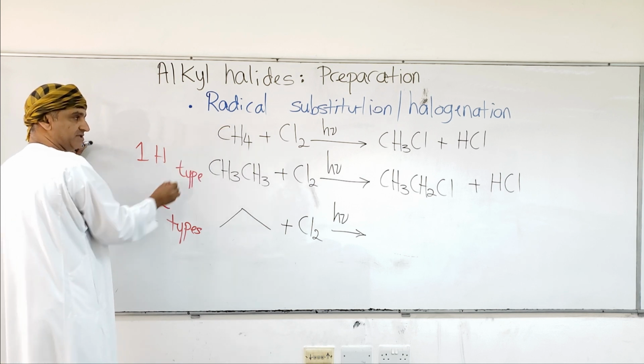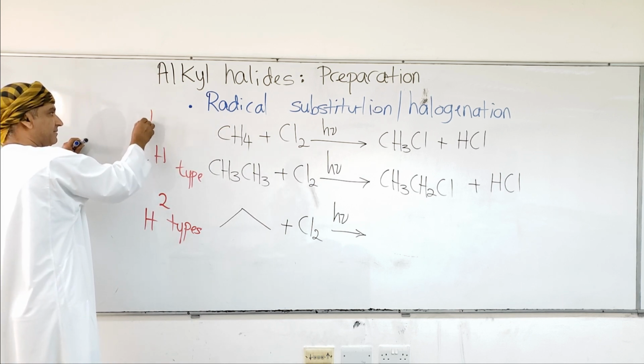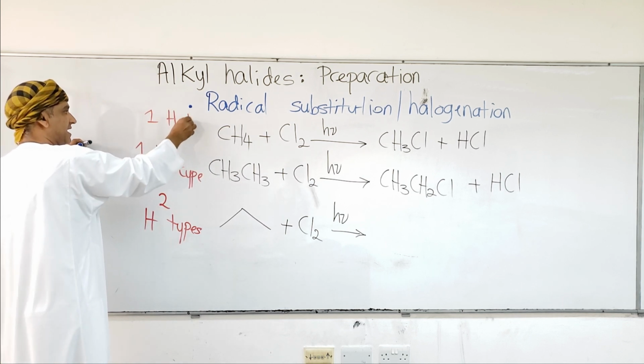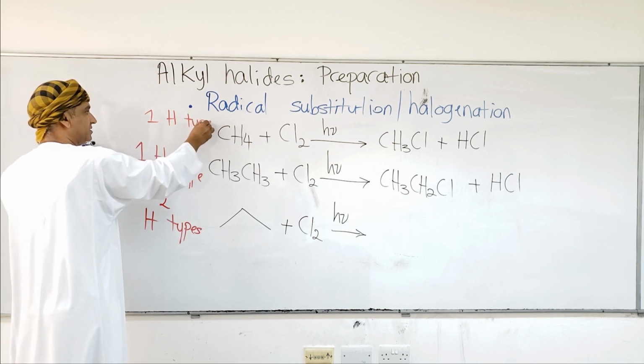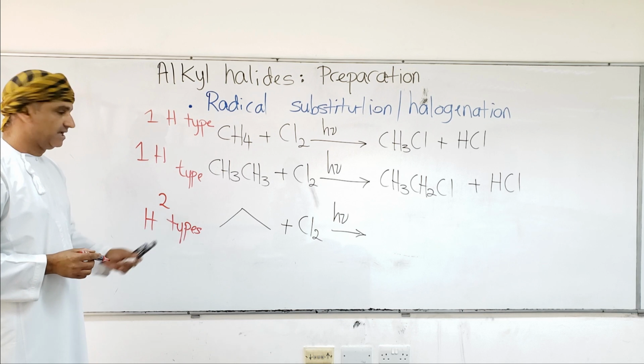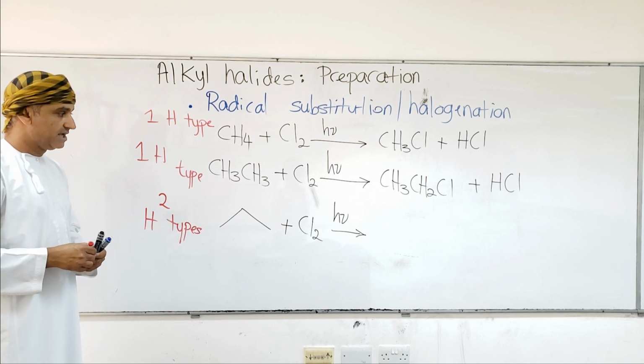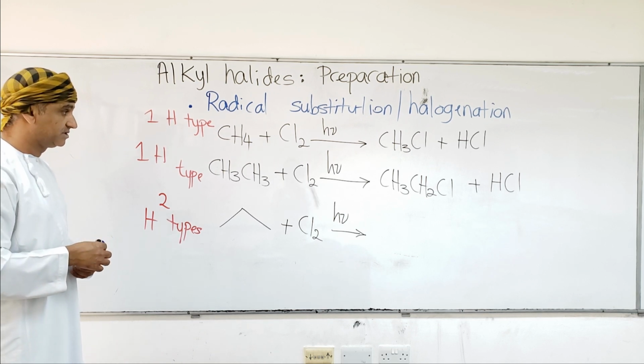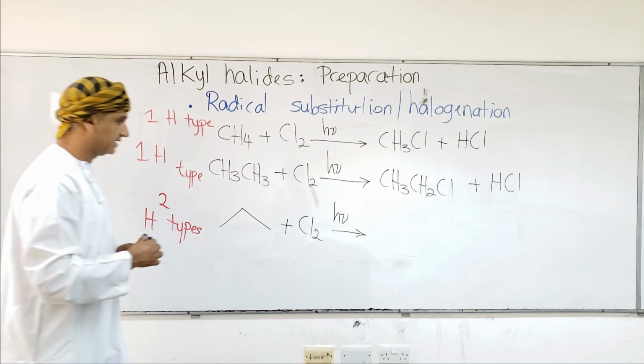Obviously, the 4 hydrogens in methane are also the same. So there is one hydrogen type in methane, one hydrogen type in ethane, but two hydrogen types in propane. Therefore, there should be two chlorination products in this case.